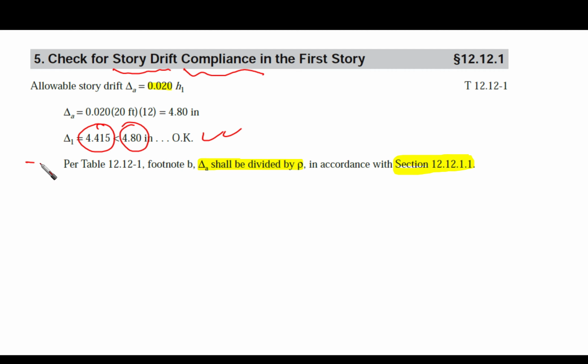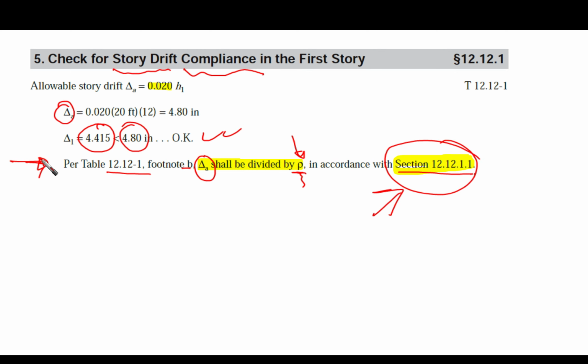There is only a small hint here that per table 12.12-1, there is a footnote. Footnote b says that this delta allowable shall be divided by rho, which is the redundancy factor, in accordance with section 12.12.1.1. Okay, so take care only of this. It's a small hint, but it is a side track from our main topic.